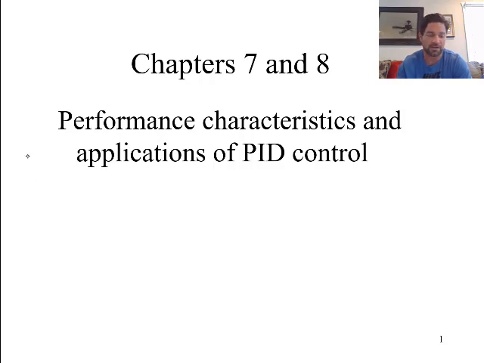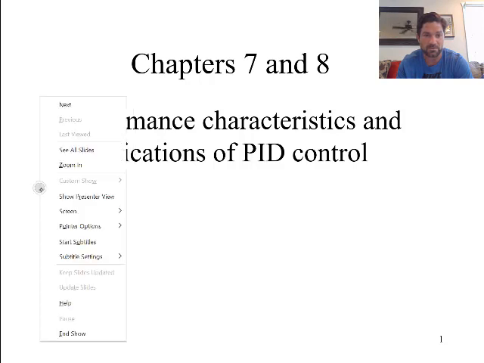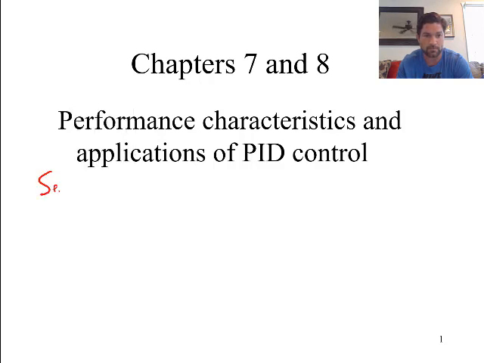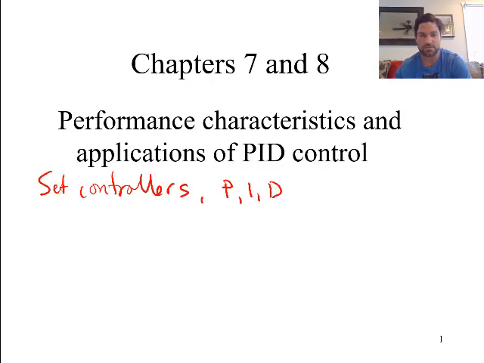So our overall objective is going to be to set the controller. We are going to learn how to set controllers, and what this means is the proportional, integral, and derivative terms within a PID controller. We'll also discuss the selection of reverse and direct action controllers based on stability.